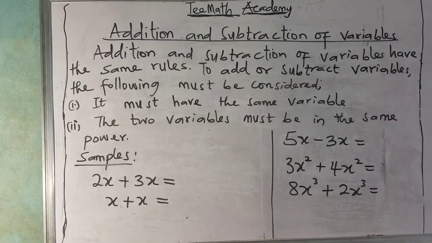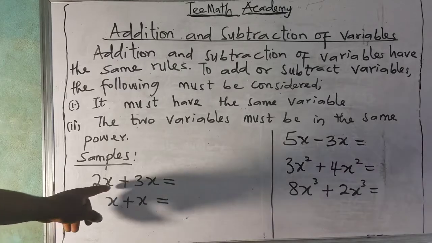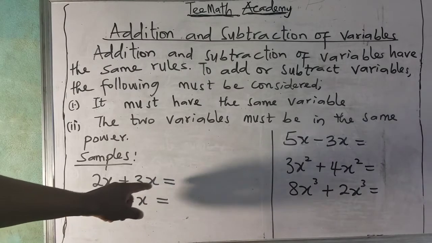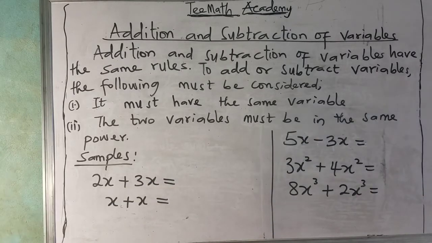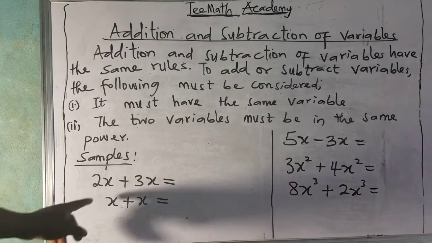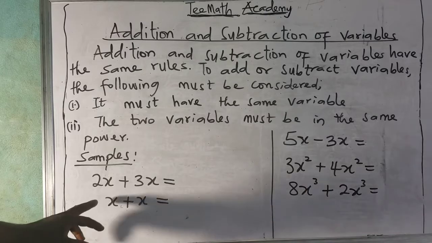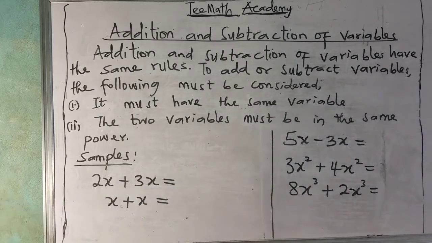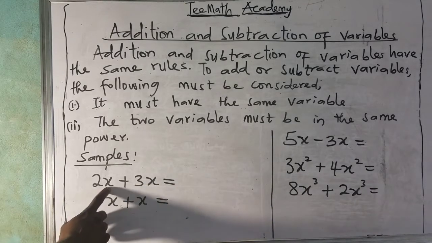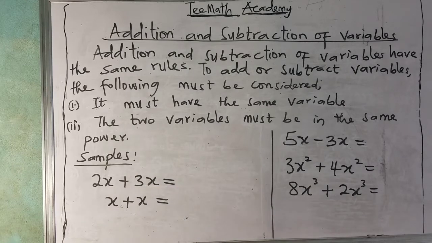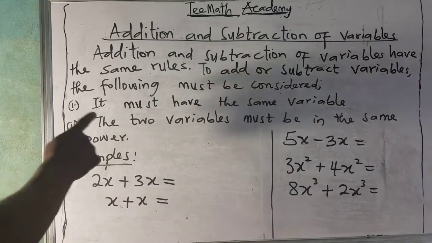Now, take a look at these samples. We have 2x plus 3x. This is plus, not multiplication. So 2x plus 3x. You will observe here that we have x and x. They are the same variable. That is one of the conditions.